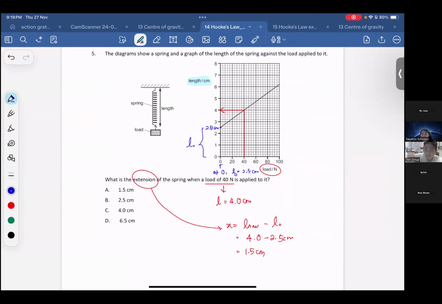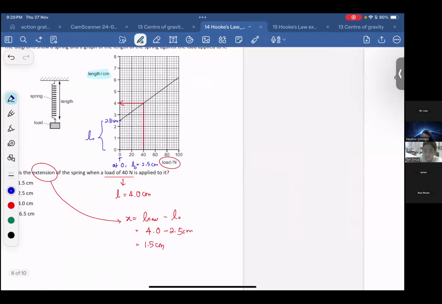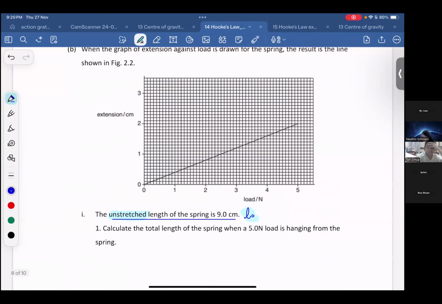Zihua correct. 5 Newton. From the graph, we can see 5 Newton. So you need to show on the graph going up until the line. Then from here, go here. Until here, you get extension 2 cm.